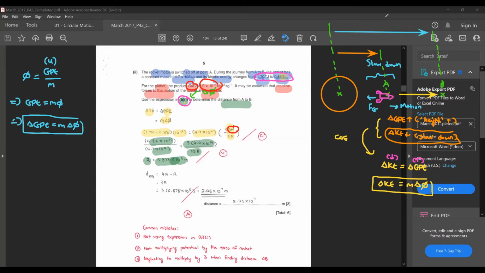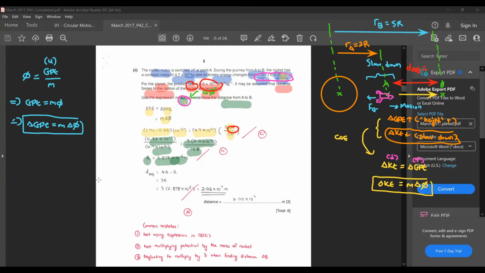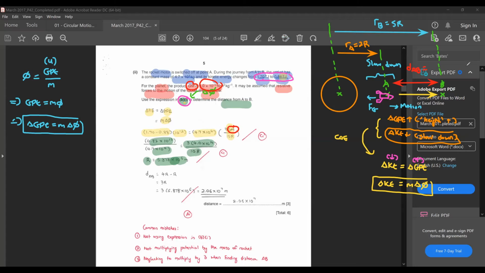Just now we know that RA was 2R and RB was 5R. So if they're asking you for distance AB, which is this one here, we know that distance AB will be 5R minus 2R. So it will be 3R instead. So DAB is 3R, then you get this.